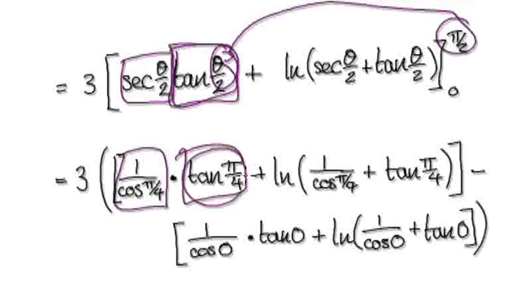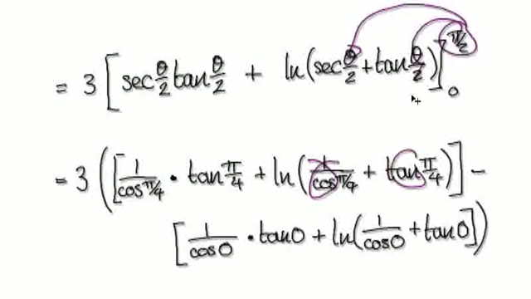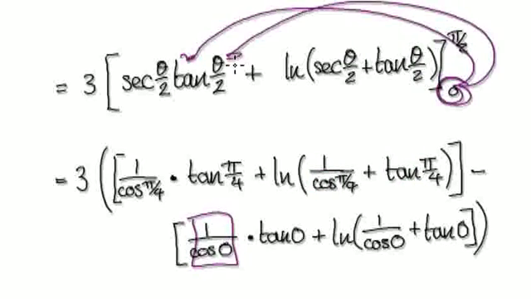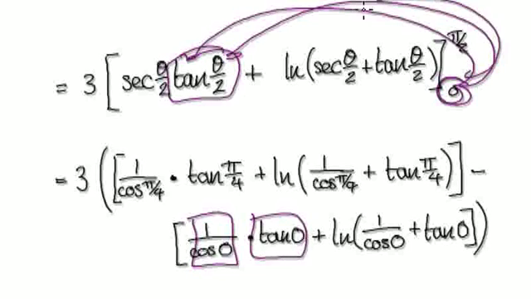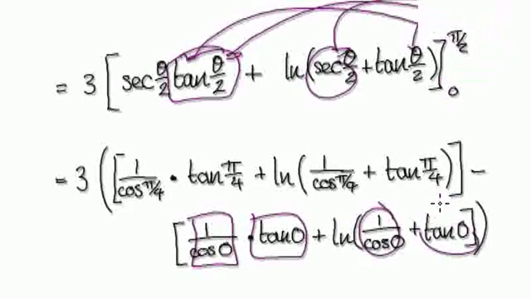So this block here will then become this, and so on. And then put 0 into here. That will then give you this. Put 0 into this. This will then become this. Put 0 into here. This thing here will become this. Put 0 into here. Then this will become this.